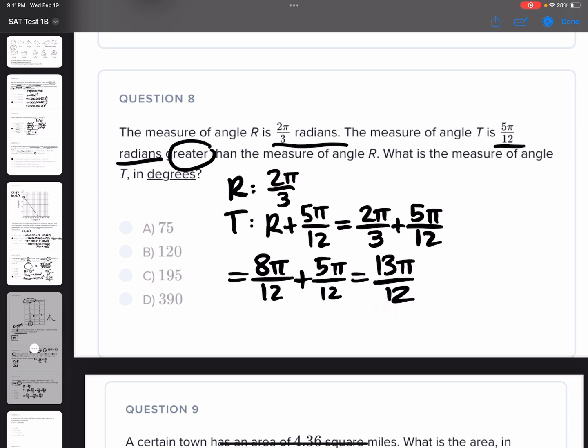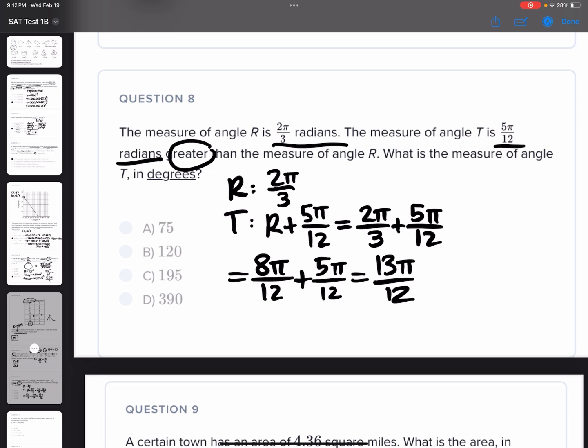Now that would be the measure of angle t, however that is in radians, and we would need to convert to degrees. Usually between degrees and radians, to convert you would use either pi over 180 or 180 over pi. And I have already done geometry years ago, and sometimes I just don't really remember which way is which.